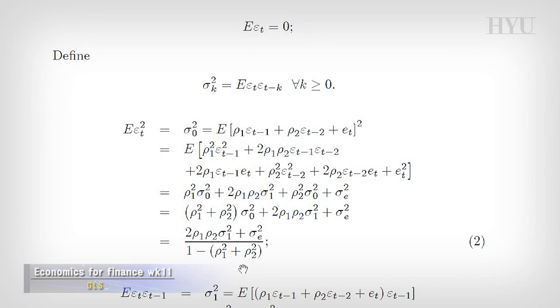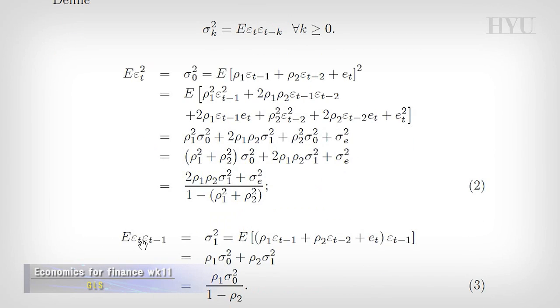Okay? And for epsilon t with epsilon t minus 1, suppose this one is sigma 1 squared, then it should have rho 1 sigma 0 squared and rho 2 sigma 1 squared. Okay? And we have 2 equations and 2 unknowns, sigma 0 squared and sigma 1 squared. So we can solve these 2 equations.